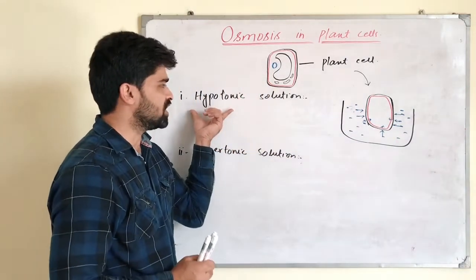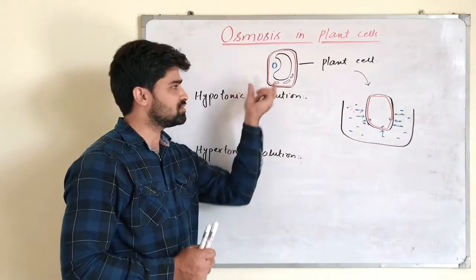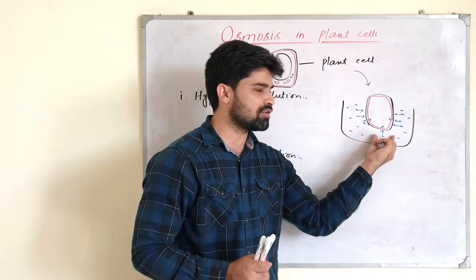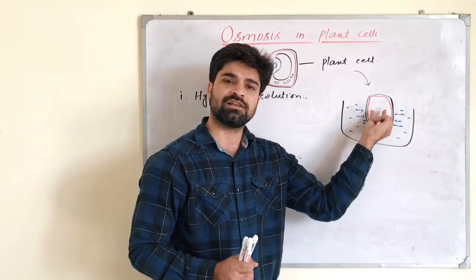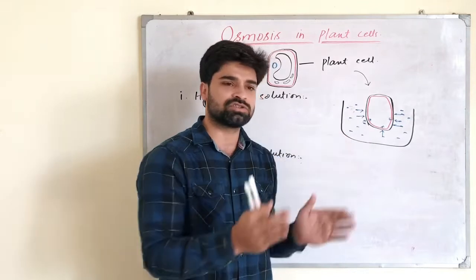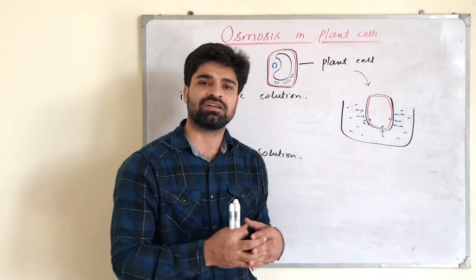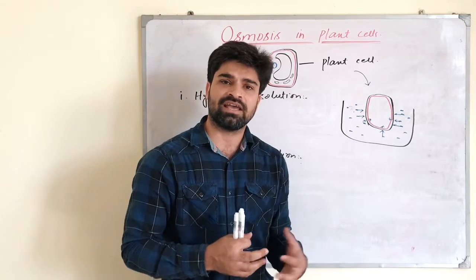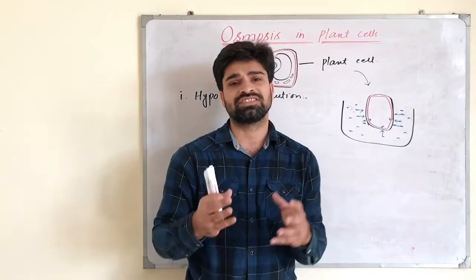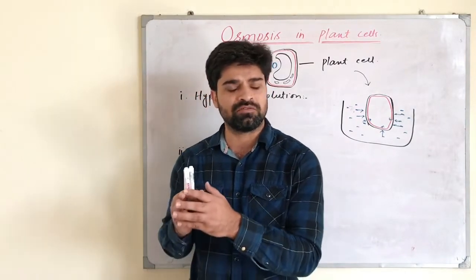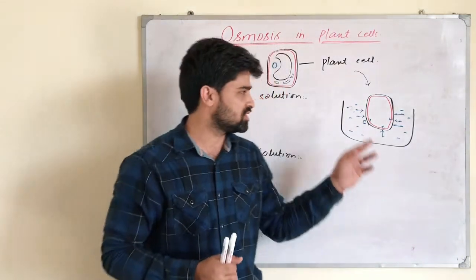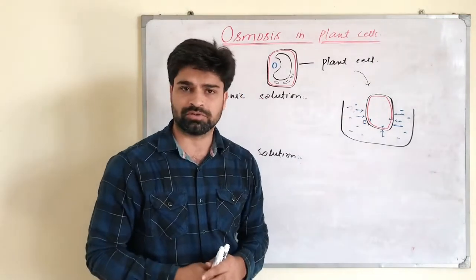So, dear students, in hypotonic solutions, when we place the plant cell, the water will move from the high water potential to the lower water potential, and it will put pressure on the walls of that cell, and ultimately that cell is called a turgid cell. Just like an inflated balloon is also a turgid structure, that cell will respond in the same way.